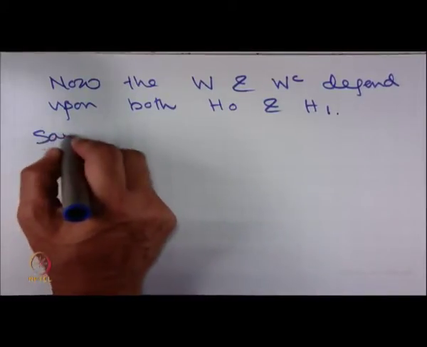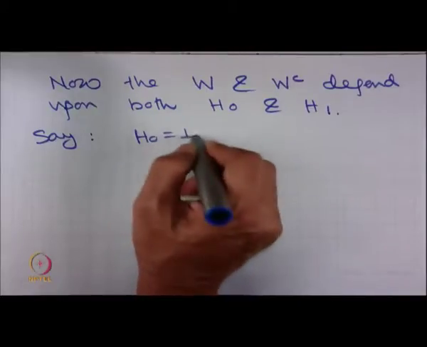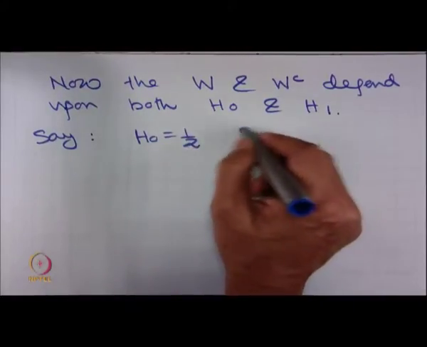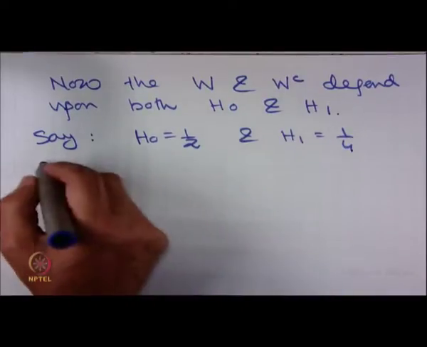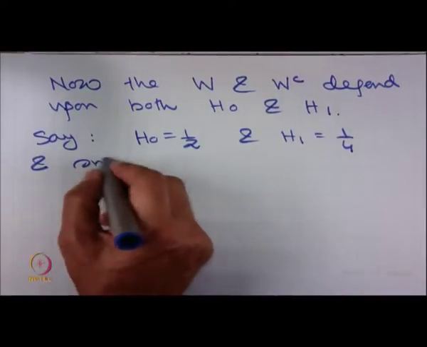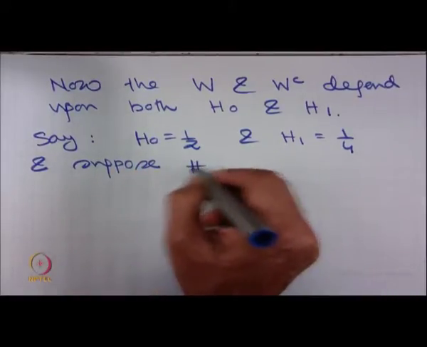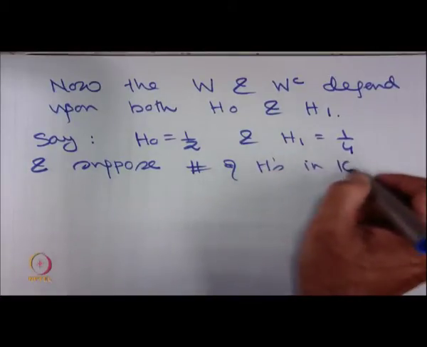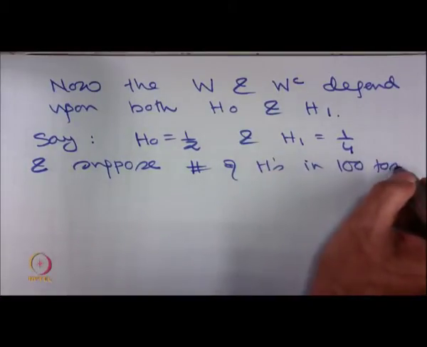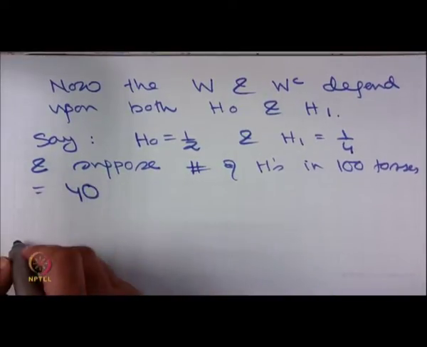Say H naught is half, as I have already mentioned, and H 1 is 1 by 4. And suppose number of heads in 100 tosses is equal to 40.